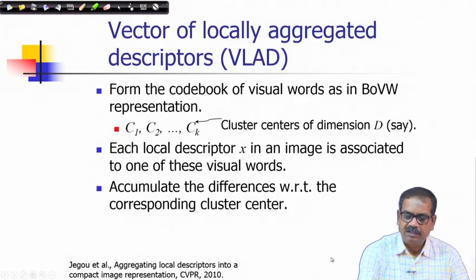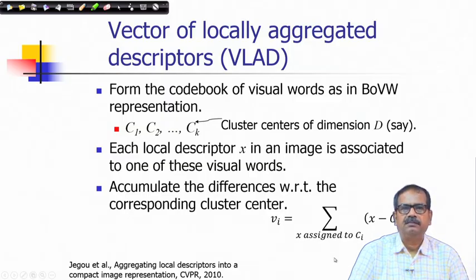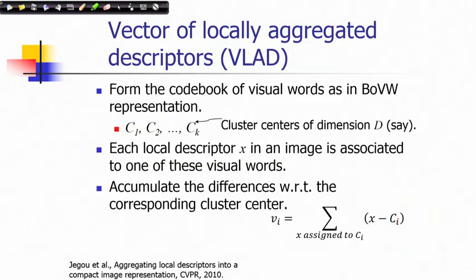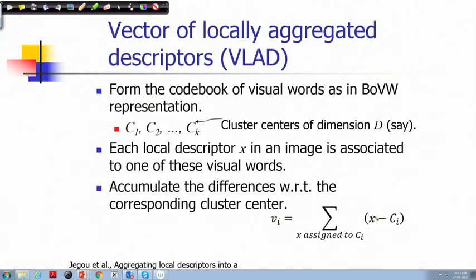This operation can be described by this particular summation operation. You can see in this representation x is any local descriptor and Ci is a cluster center, such that the distance from x to Ci is the minimum among all cluster centers. That is how x is assigned to Ci.